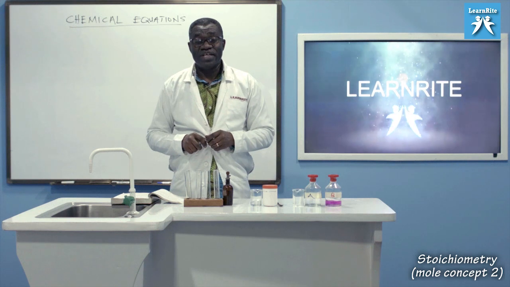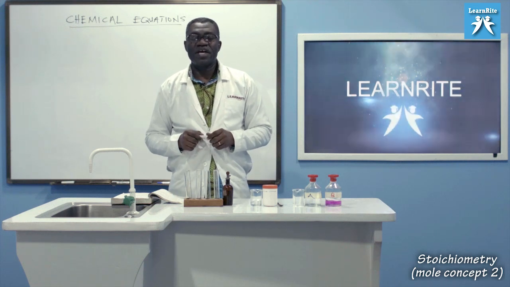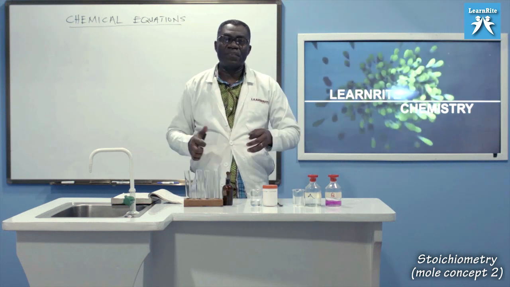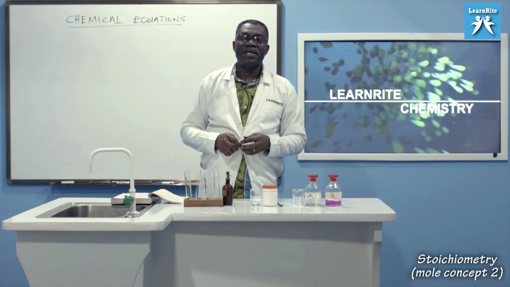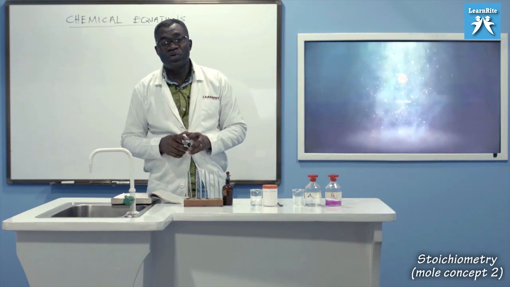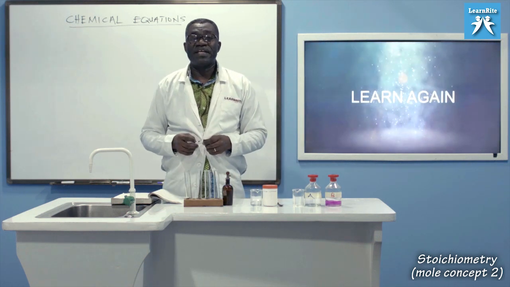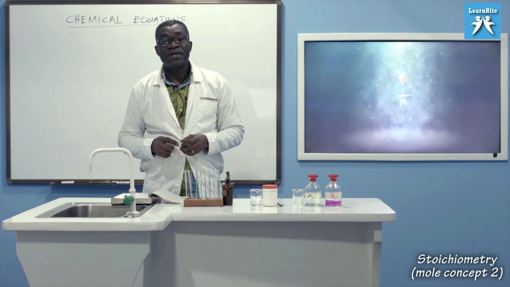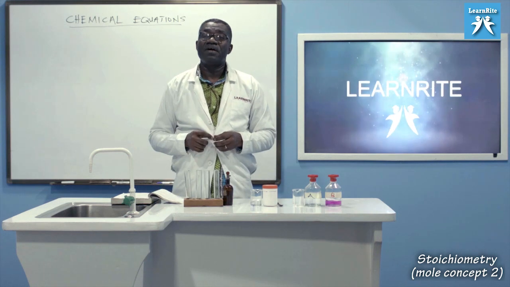So today, we are going to continue with our lessons in chemistry. And before we continue with the current topic, I want us to just remind ourselves of what we did in the last video. Remember that in the last video, we discussed the three types of formulae that we have in chemistry: the empirical formula, the molecular formula, and then the structural formula.